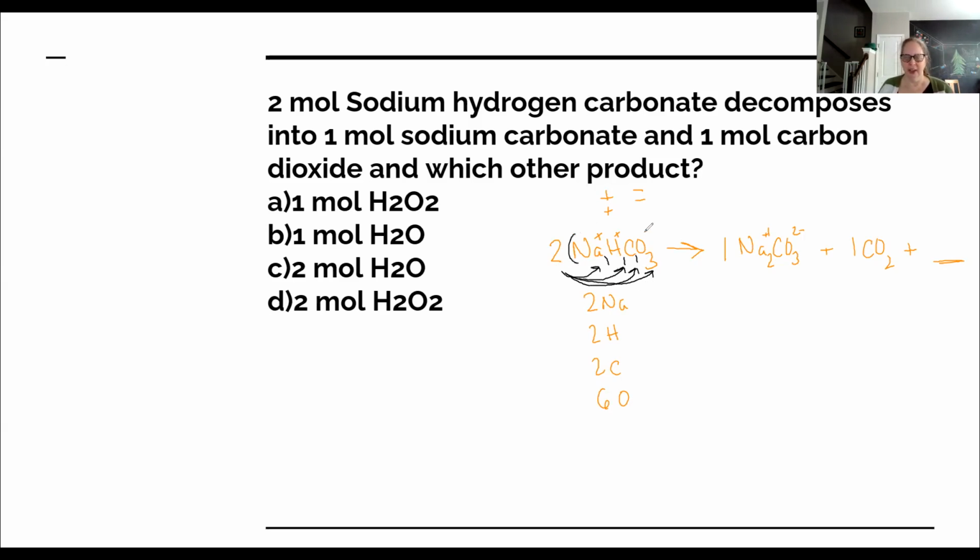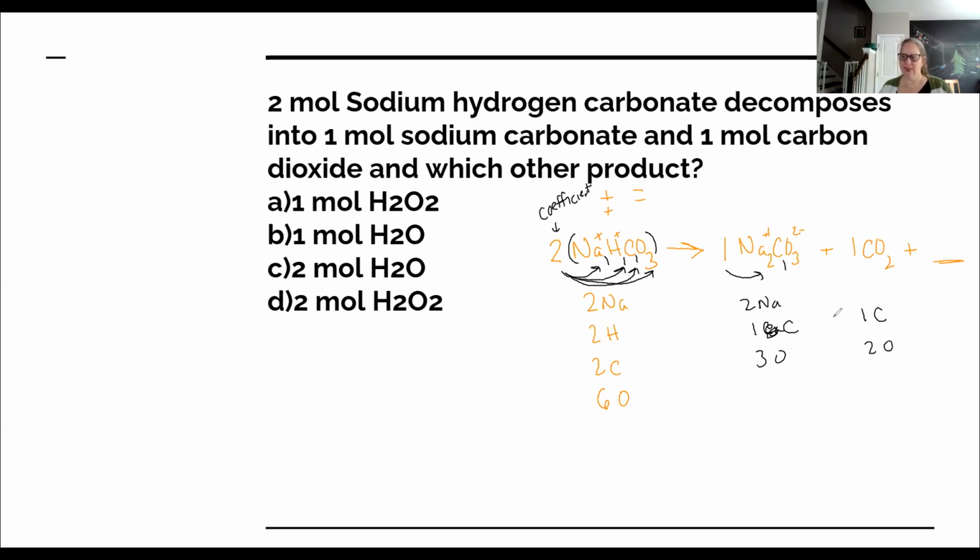So remember that coefficient in front acts like a parentheses in a math problem. What do I have on the other side? 2 sodiums, 1 carbon, 3 oxygens, and in carbon dioxide, carbon C, 1 carbon, 2 oxygens.